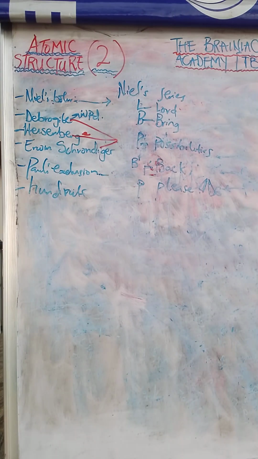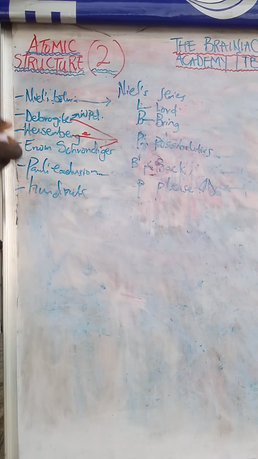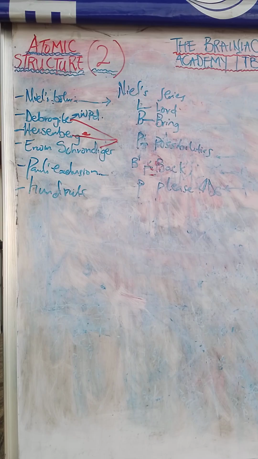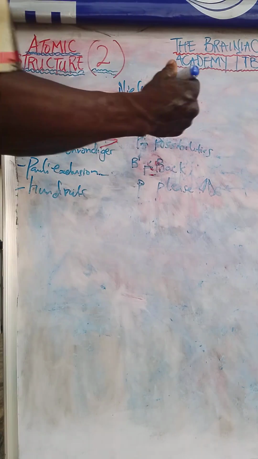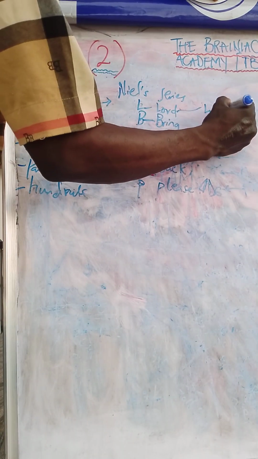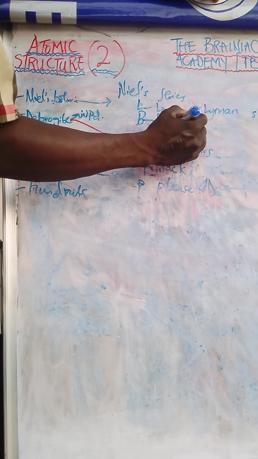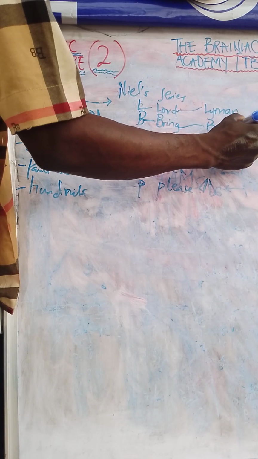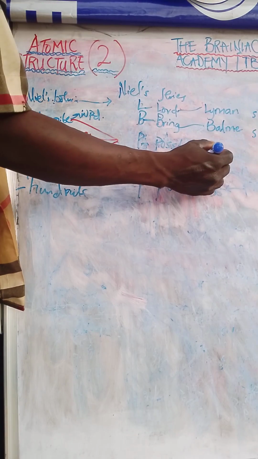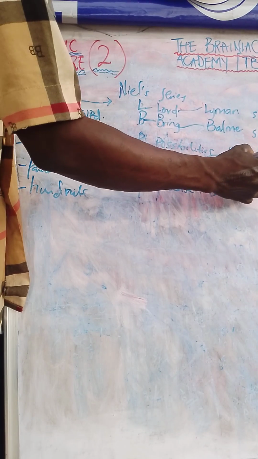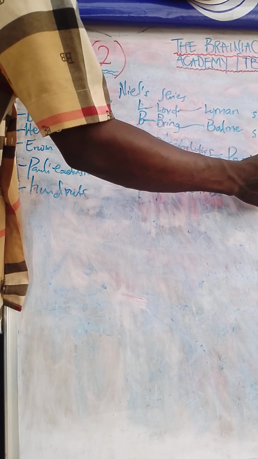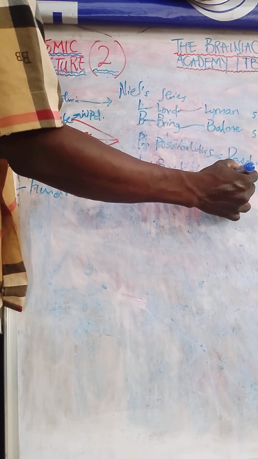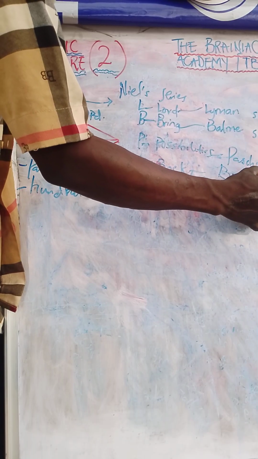Now, what's the L there? Your L is your Lyman series. B is your Balmer series. Then this one will be your Paschen series. Then this one will be your Brackett series.